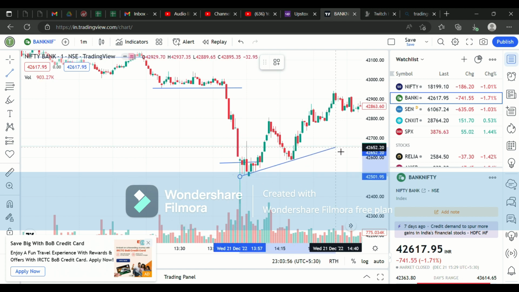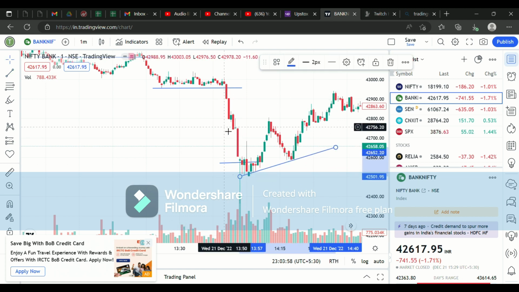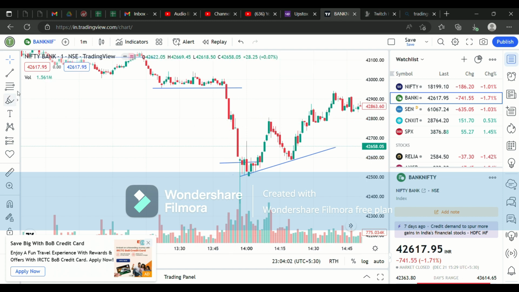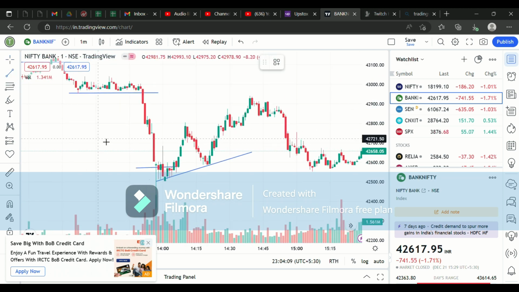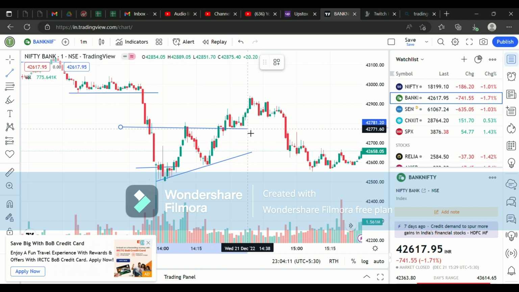The breakout of this W pattern is almost nearly at this point, which is the formation of the W. So I thought not to overtrade, so I didn't take the CE trade.